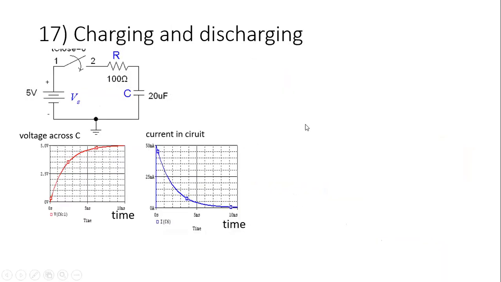Right? Let's more or less finish already. We are going to do some questions. Let's review back to our charging and discharging. That's your DC supply, V naught. That's your resistor. That's your capacitor. So refresh your memory.